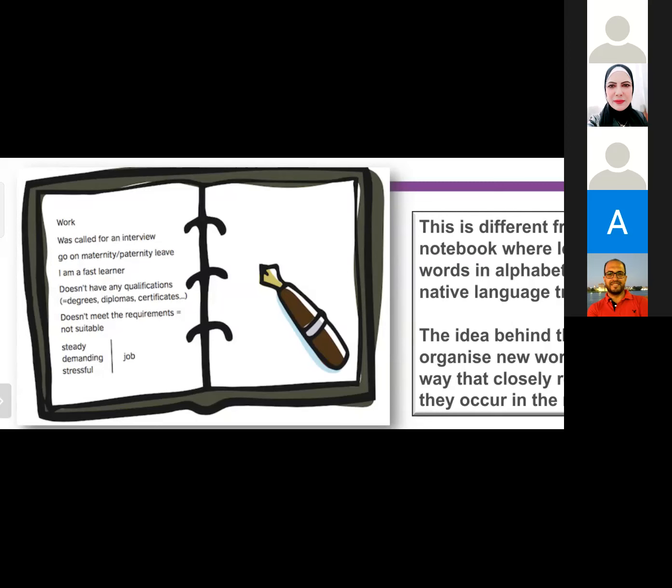Why use these different techniques? To develop different skills, to develop the writing skill, to develop using the vocabulary, to develop the reading skill, especially if you encourage the learner, if they do something wow or fantastic, to stand in front of the class and tell their friends or classmates about what they have written.